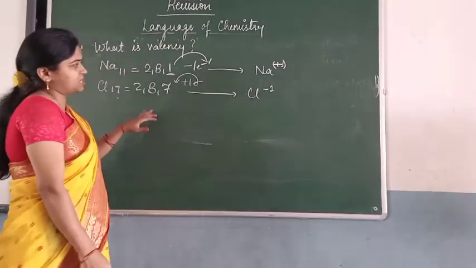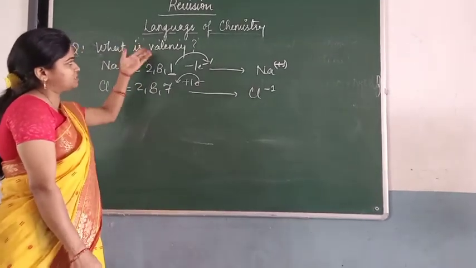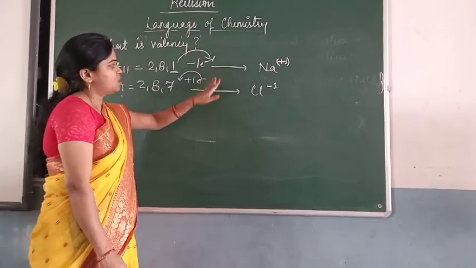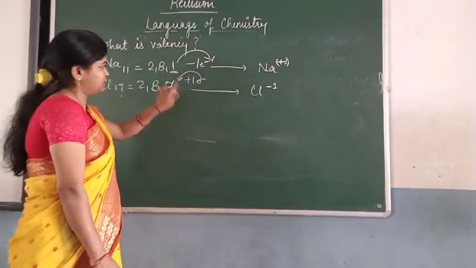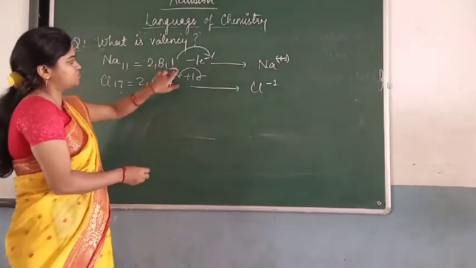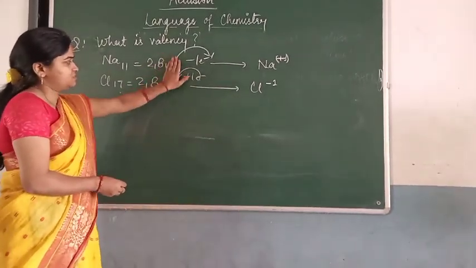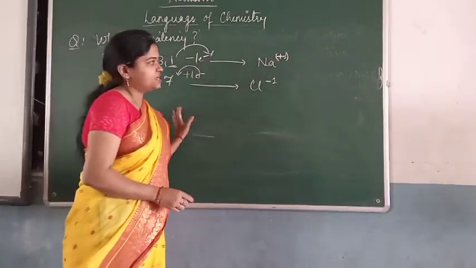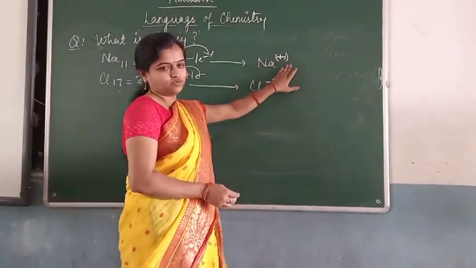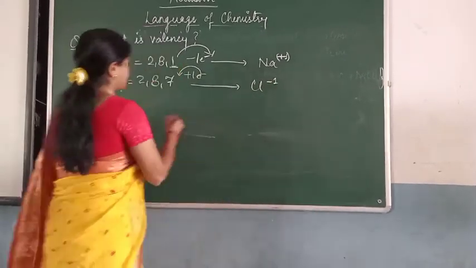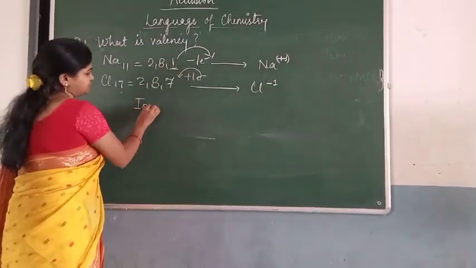So from these two conditions we conclude the definition of valency: the number of electrons donated or accepted from the valence shell just to attain the nearest noble gas configuration is called valency, where the valency of sodium is plus 1 and the valency of chlorine is minus 1.